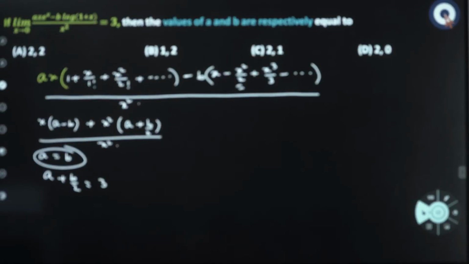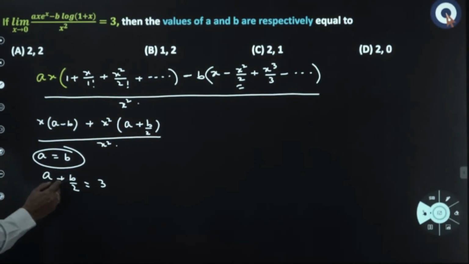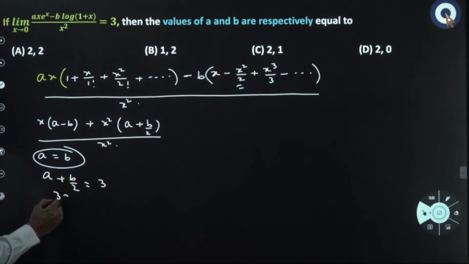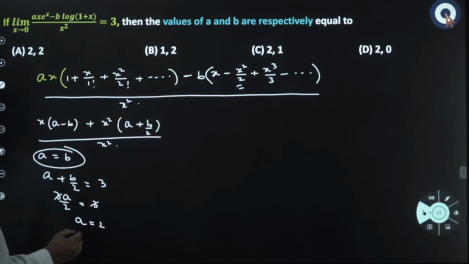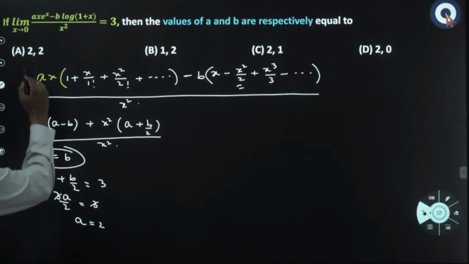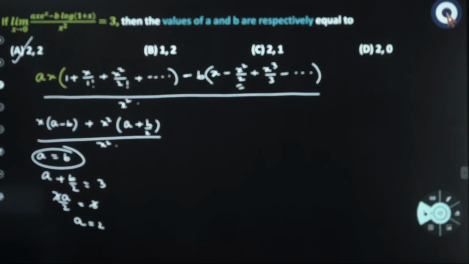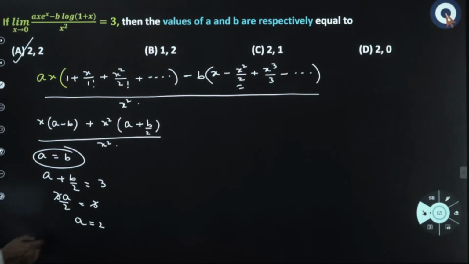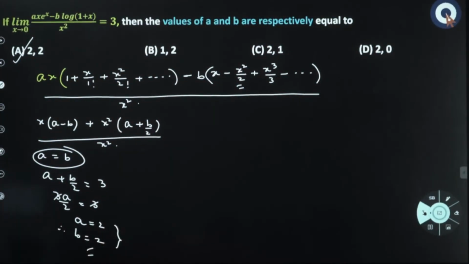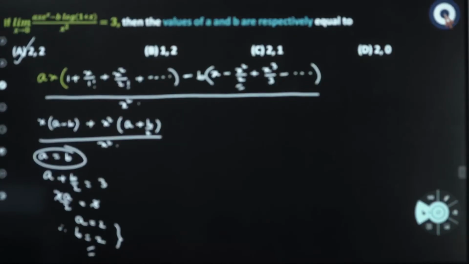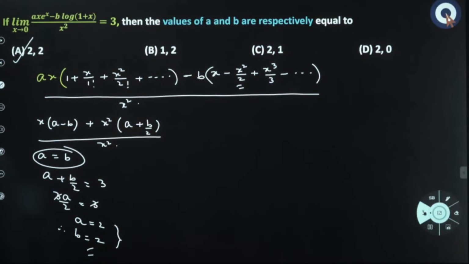Since a is equal to b, we have 3a by 2 equal to 3, so a is equal to 2, therefore b is also equal to 2. So 2 comma 2 is your answer. You can also do the same problem by using L'Hopital's rule, but this could be more convenient, and you can do it more quickly.